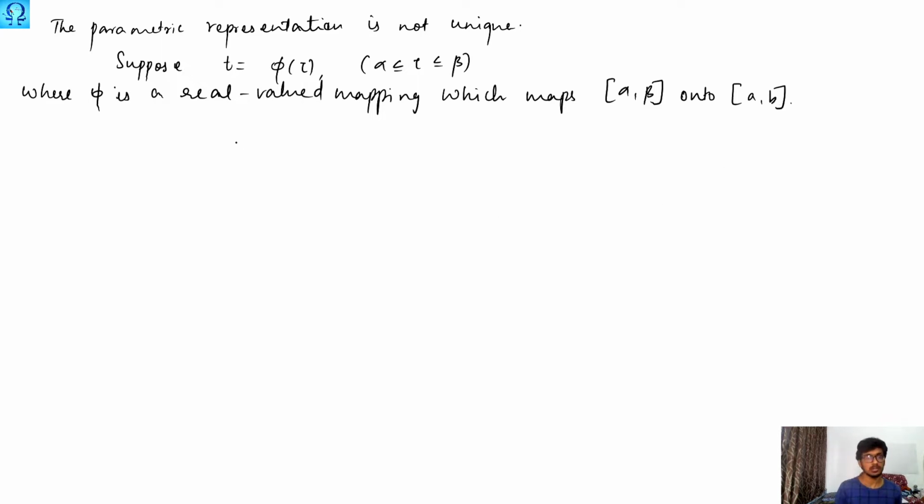Of course, when you give t in terms of tau, then the functions involving t will turn into functions involving tau.